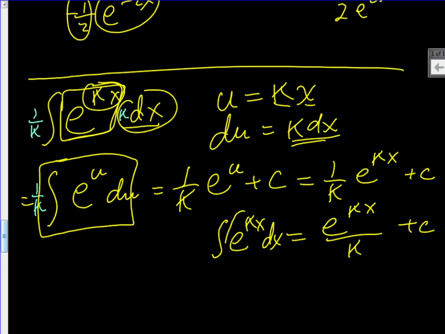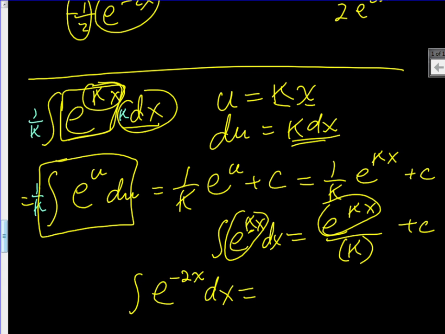You started off with e to the kx, you ended off with e to the kx. But that k magically ends up in the denominator. So that is why a moment ago, when you had e to the negative 2x dx, we ended up with the same thing, and then we divided by the k.